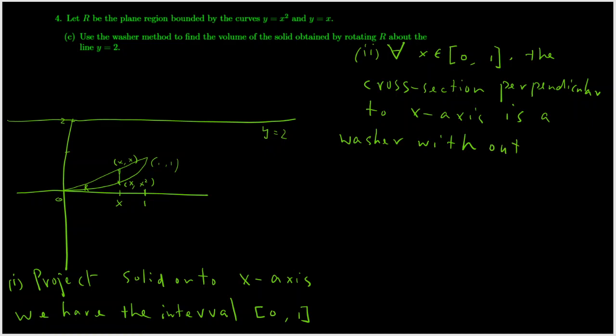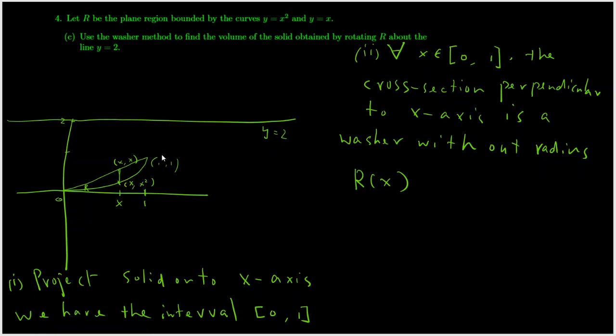This time it doesn't matter which is the outer radius and which is the inner radius, the difficulty is the same. We identify the outer radius first. You rotate a little line segment around a different line, around y equals 2.